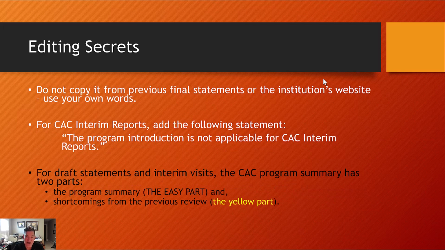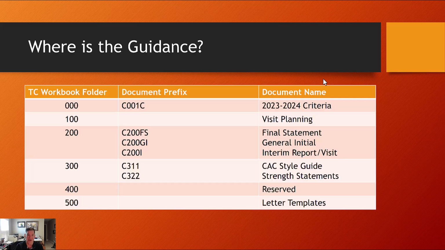Now, I'm going to break this into 2 parts. The first part, which you'll see in subsequent slides in black, is called the easy part. And that's just the description of the program. Then what you've got to do is work in the shortcomings from the previous review and the current review, and that's where all this complexity comes into this.